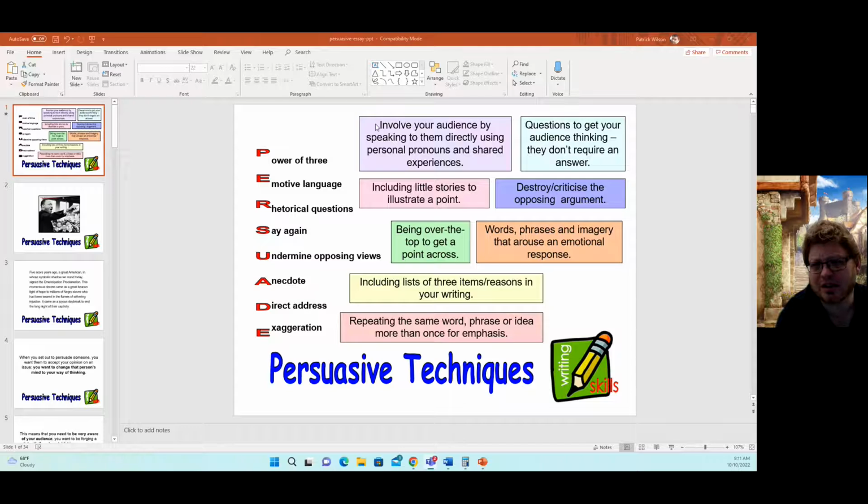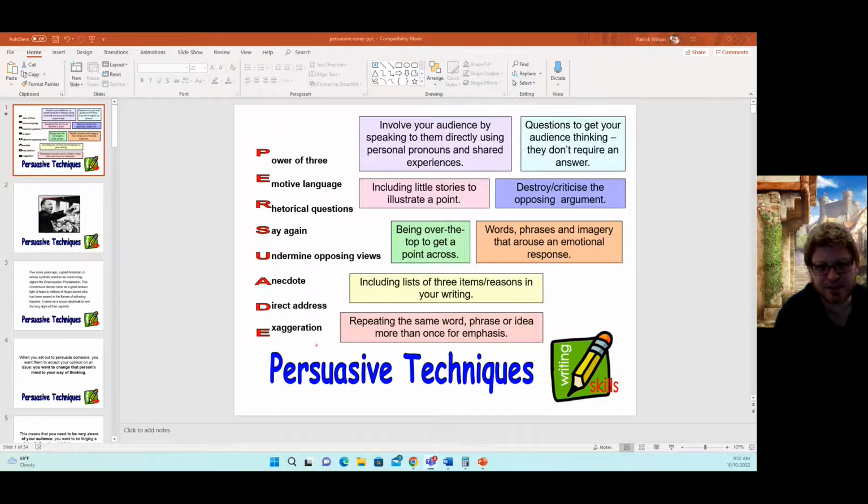So if you're able to look over here, hopefully you'll be able to see the screen. Notice too that we're able to break out the wording here: the P, the power of 3, E, emotive language, R, rhetorical questions, S, say it again, U, undermine opposing views, A, anecdote, D, direct address, E, exaggeration.